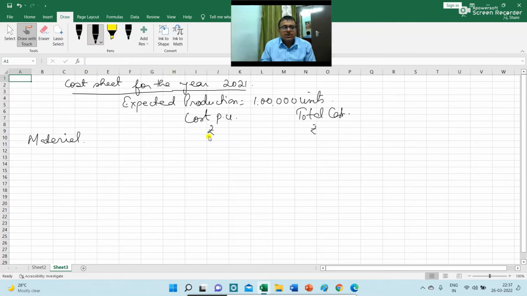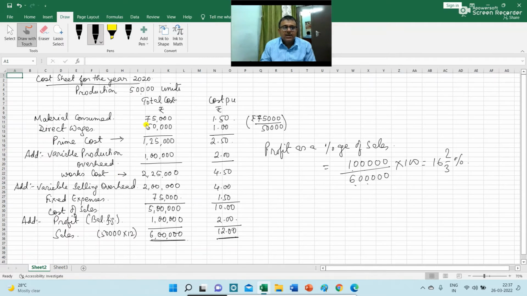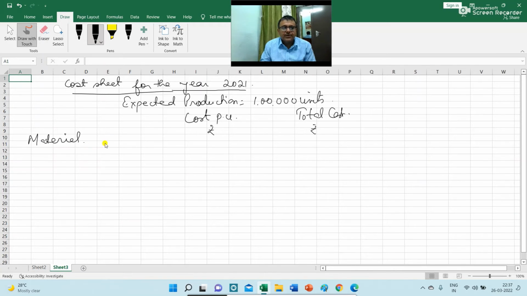required. So in the year 2020, the material cost per unit we have calculated at 1.50. In the year 2021, this will increase by 33 1/3%, meaning 133 1/3%, and you need to multiply it by 1 lakh to arrive at total material cost.